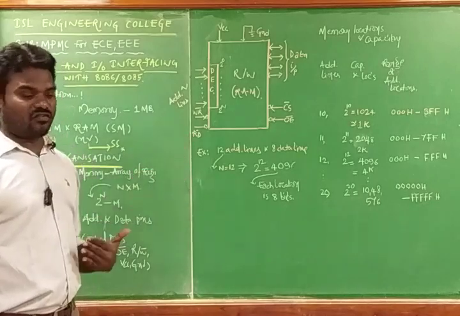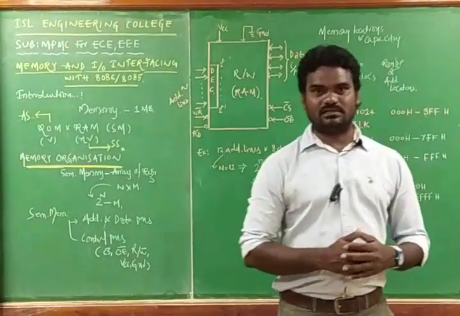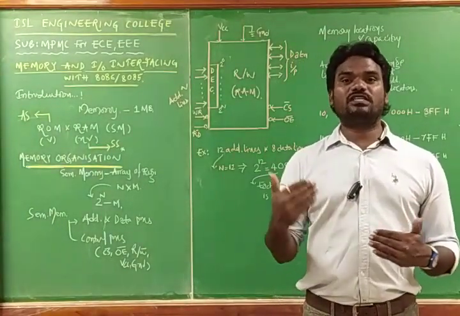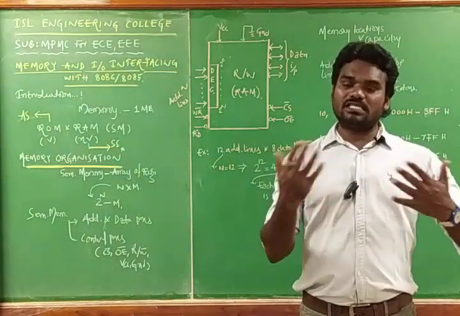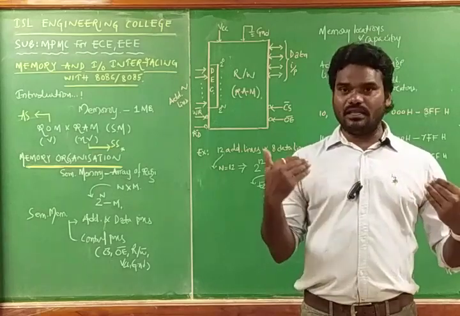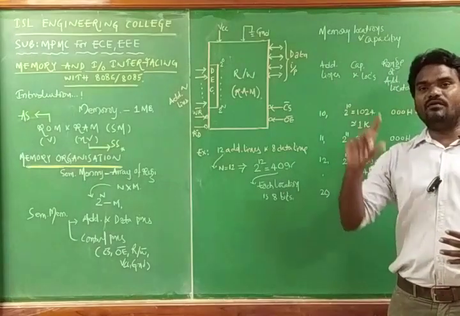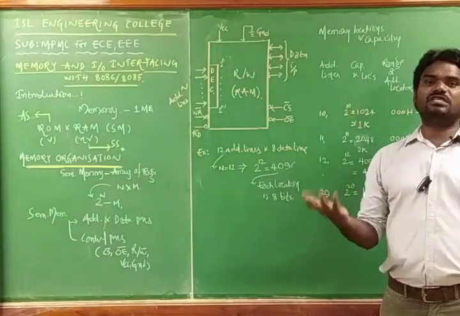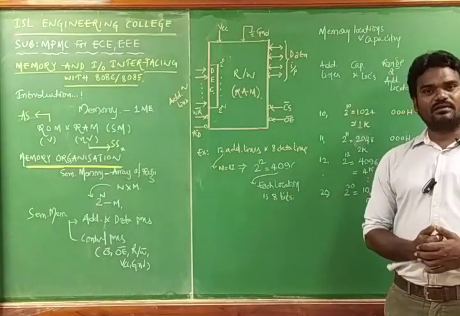As we discussed in the first unit, this 1 megabyte of memory will be divided into 4 segments. The data segment is 64 kilobytes, the extra segment is 64 kilobytes, and the code segment and the stack segment as well. All 4 segments are 64 kilobytes each. 4 into 64 kilobytes again gives 1 megabyte of memory.